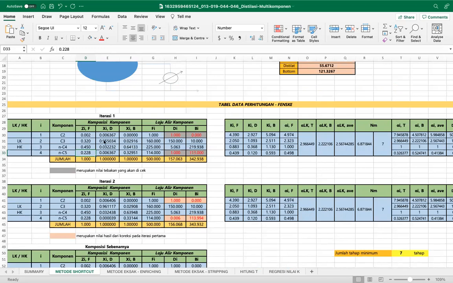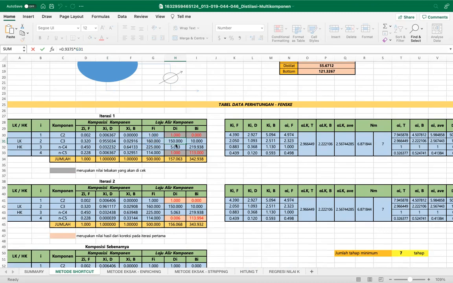And then after that you need to calculate which one goes into the distillate, by multiplying in this case 93.75% with the feed.